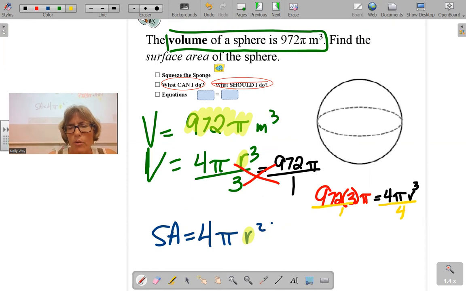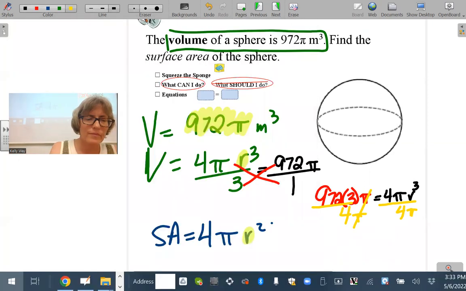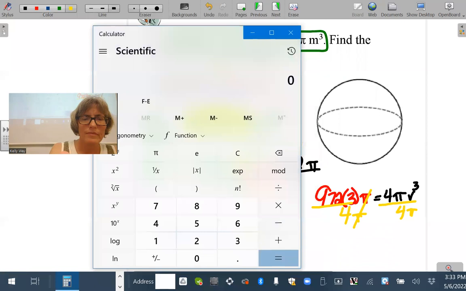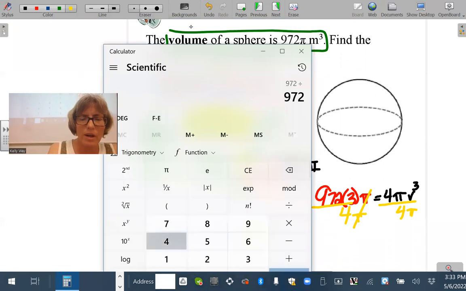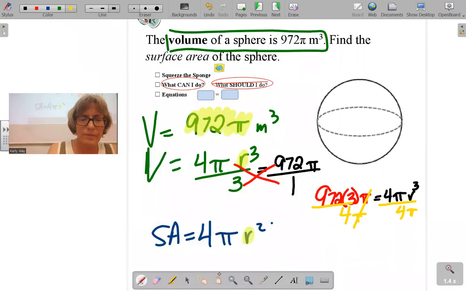Divide by 4 and divide by pi. Cancel. I'm going to go 972 divided by 4, get 243 times 3, we get 729.